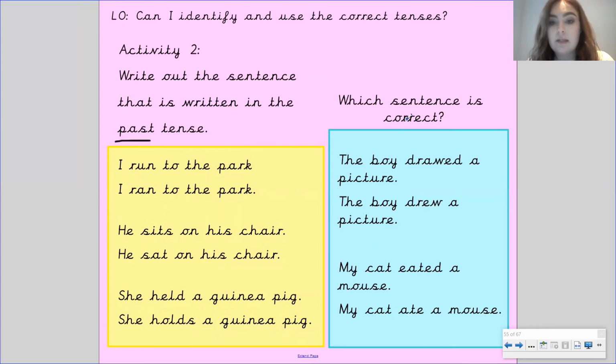And then you need to choose which sentence is correct. The boy drawed a picture, the boy drew a picture, or my cat eated a mouse, or my cat ate a mouse. And you need to choose the one that is written correctly in past tense. Pause the video here if you are going to complete this activity.